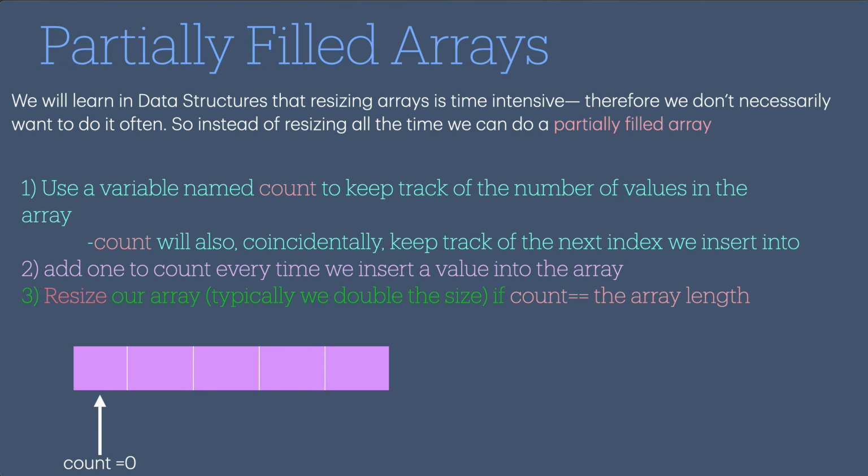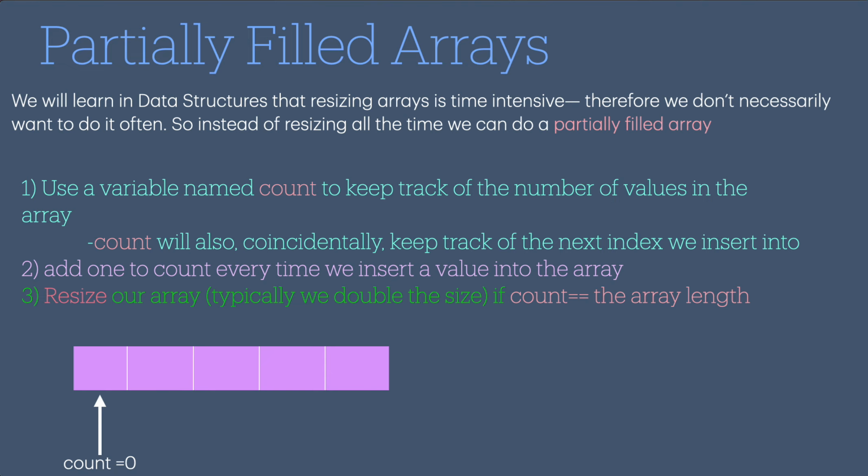So if I had my array, I could say my array of count equals something, right? And that would insert the value into the 0th index of my array. Once we insert in, we add 1 to count. Okay, so every time we insert, we add 1 to count. That makes sense. We insert into the array. Now we have one value in the array, and we add 1 to count.